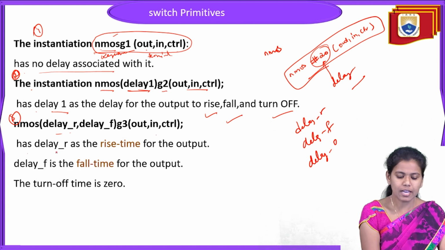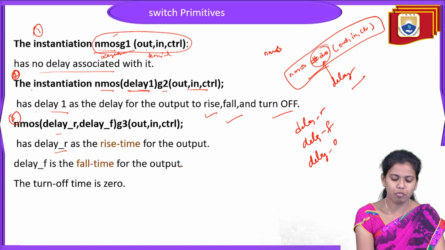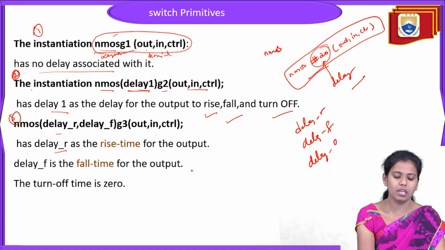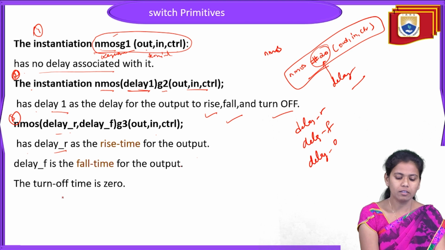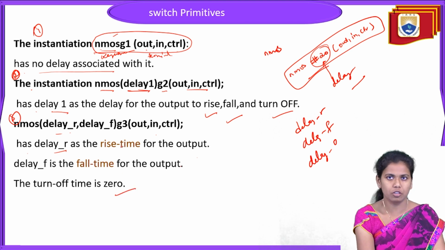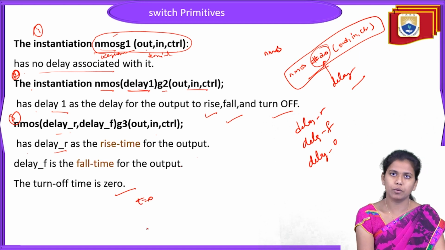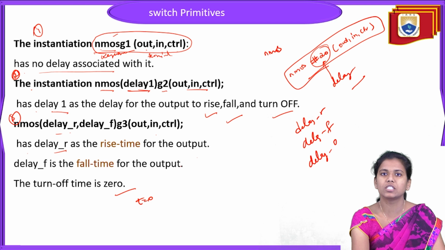Here delay R is the rise time for the output and delay F is the fall time for the output as well. And here the turn off time is 0, so there is no delay with respect to the turn off time. This is how the instantiation pertaining to the delays goes.